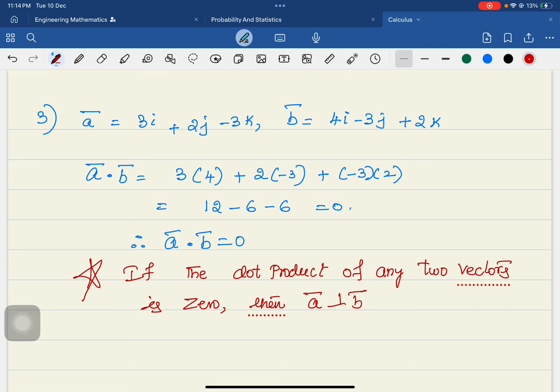This is the understanding. So it implies that the angle between them is 90 degrees. Okay.